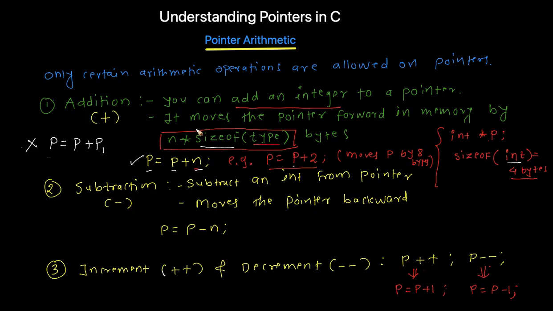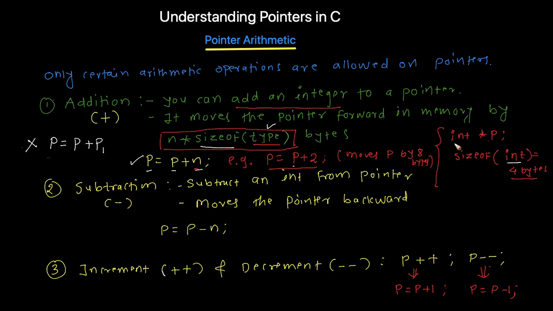Now, this addition of an integer to the pointer p will move the pointer in the forward direction in memory by so many bytes. Here, which type are we talking about? We are talking about the type of the pointer.